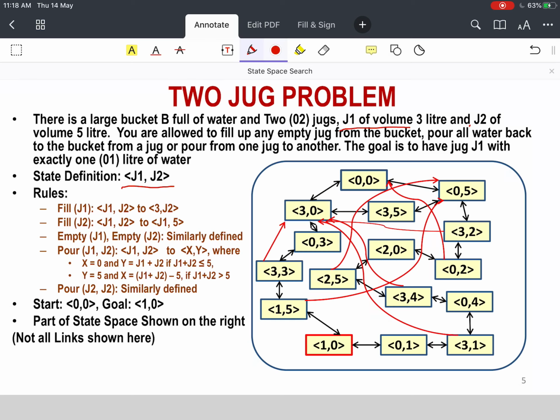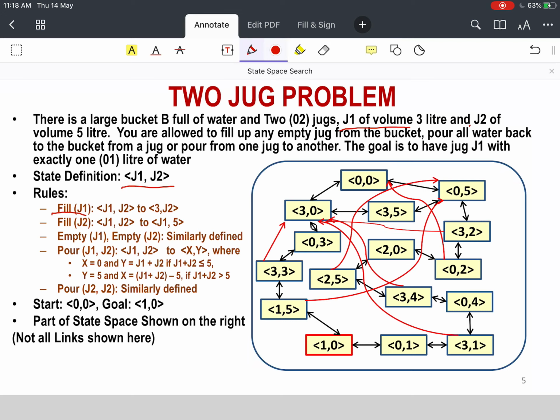There are two variables, J1 and J2, which define how much water there is in each jug. Secondly, the constraints on J1 and J2: we know that J1 must lie between 0 and 3 as an integer value, and J2 must lie between 0 and 5 as an integer value. Then what are the state transformation rules?